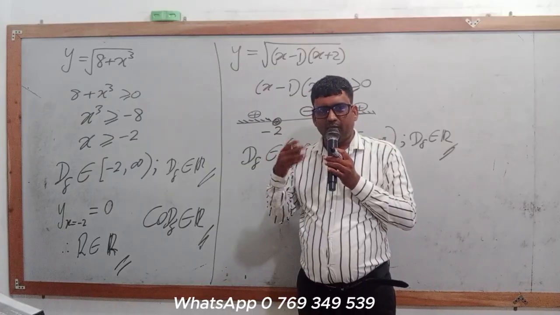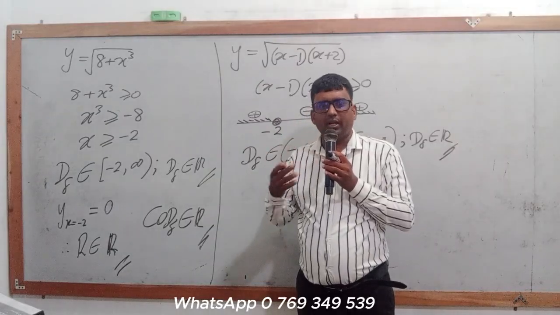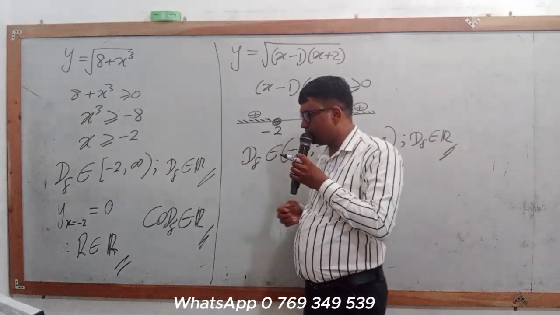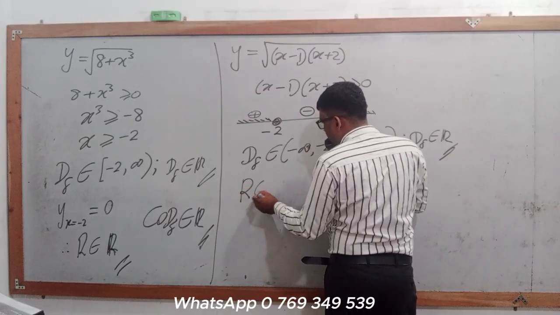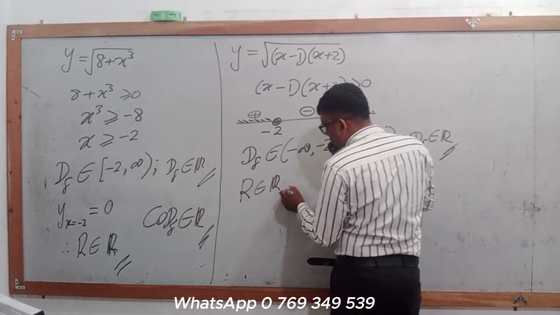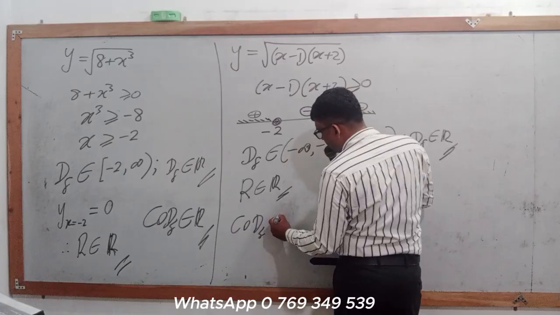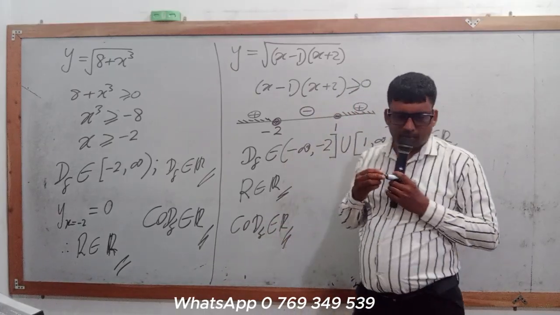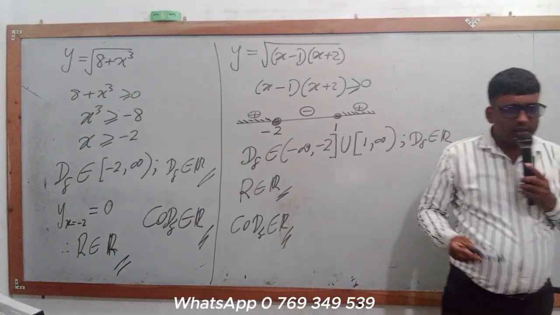All the ranges are the same, and we can say that the range belongs to R, and the codomain is also R, very simple, right?